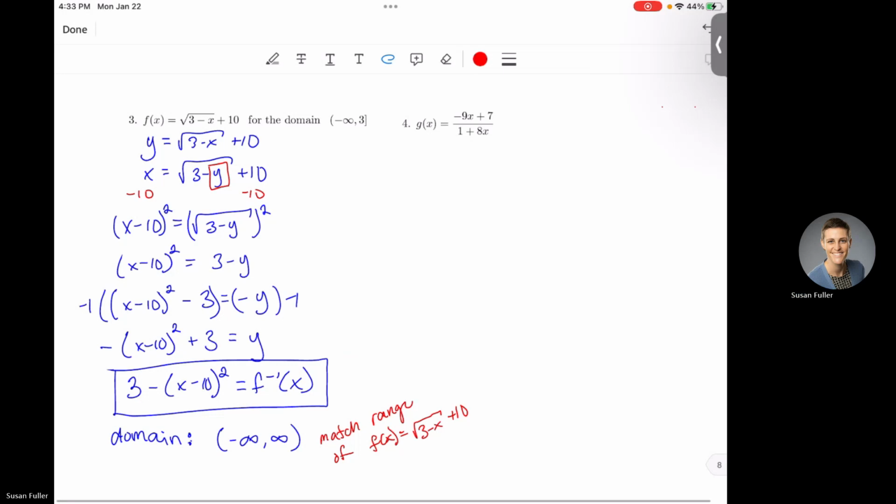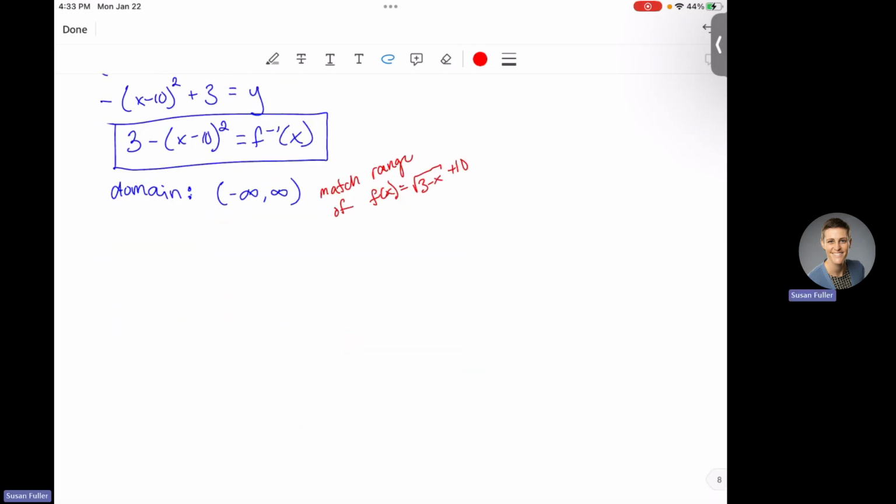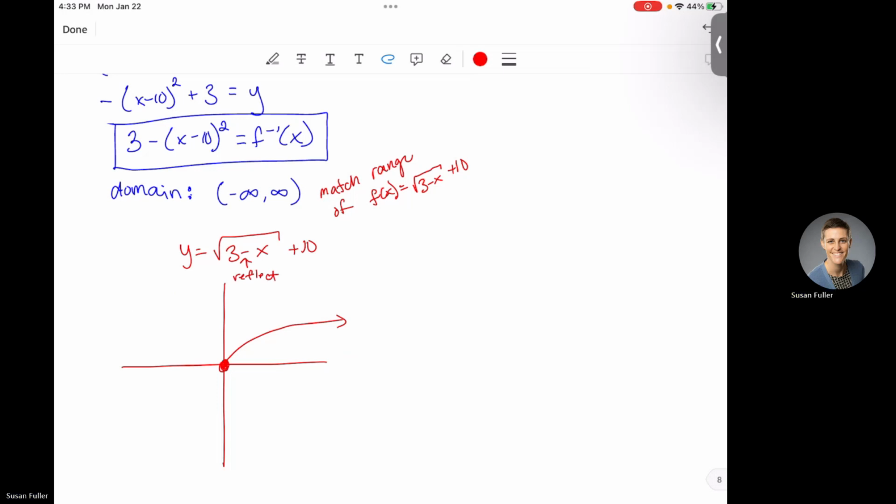Well, y equals the square root of 3 minus x plus 10. Well, this is a square root graph, right? Square root graph looks like this. This negative is going to reflect left and right because I'm inside.